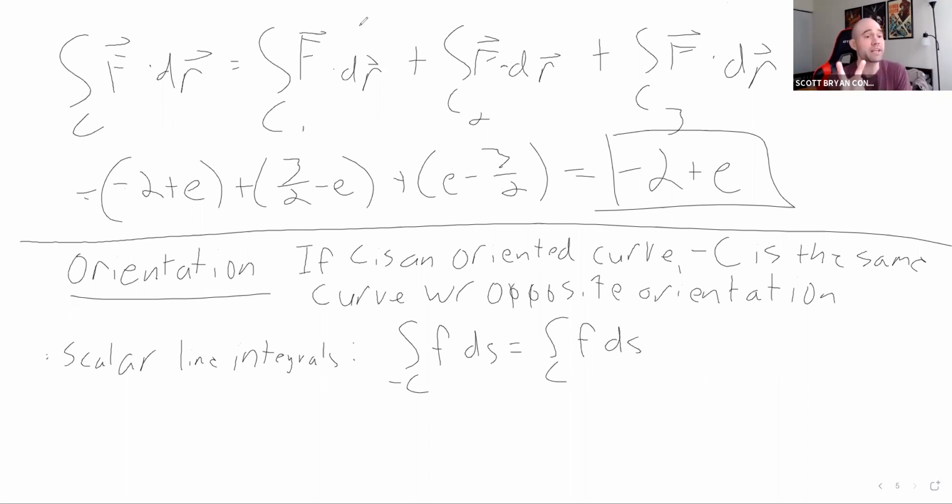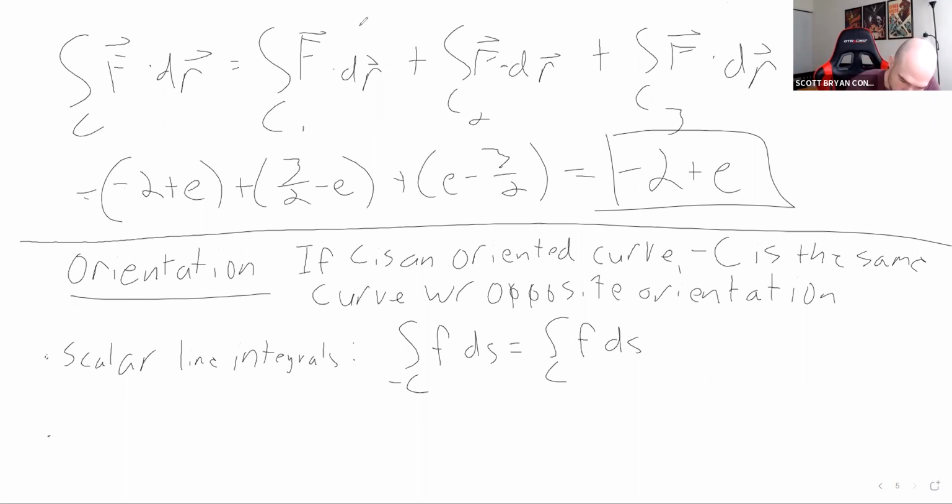If you change the orientation of your curve and you integrate a scalar function, you get the same answer. Changing the orientation doesn't affect the integral for scalar integrals. So just a regular function of 2 or 3 variables, if you're integrating that over a curve, orientation doesn't matter.